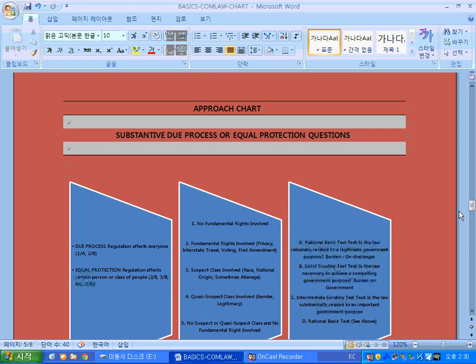In that case, a rational basis test would be applied. The test would be whether the law is rationally related to a legitimate government purpose. And the burden of proof would fall on the challenger of that issue.